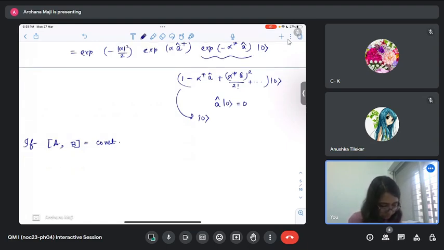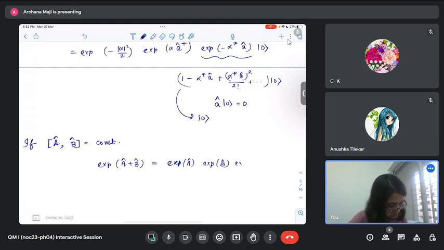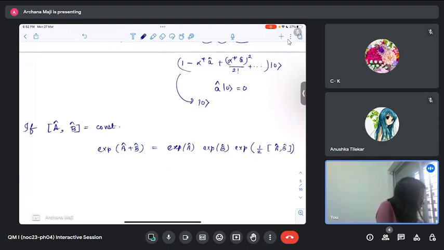If the commutator of any two operators A and B is a constant, then this identity holds: exponential of (A plus B) is equal to exponential of A, times exponential of B, times exponential of minus half the commutator of A and B. Let me check that I wrote the correct identity.